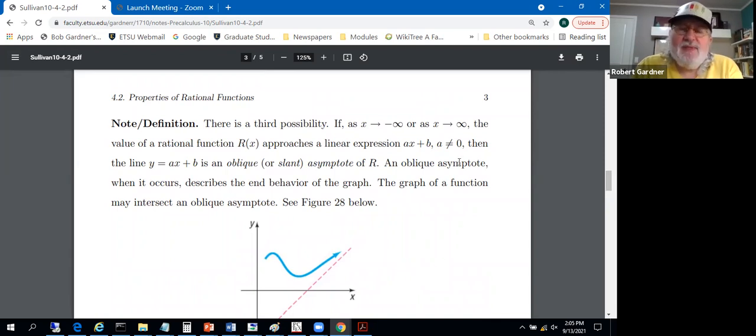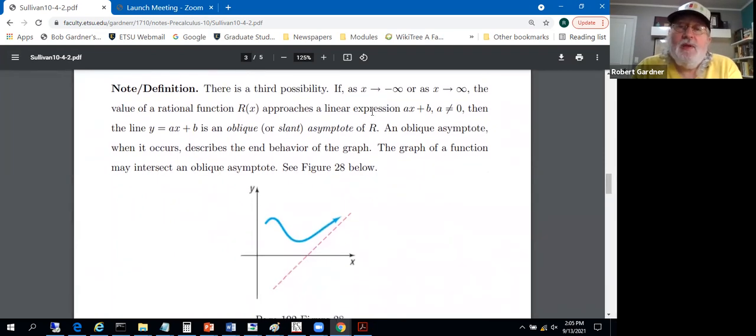There's a third possibility. Well, there's a bunch of other possibilities. There's a third possibility that we consider. If, as x approaches negative infinity or positive infinity, when I plug in big positive x values over here or big negative x values over here, the graph of a rational function r of x can approach a linear expression of the form ax + b, where a is non-zero.